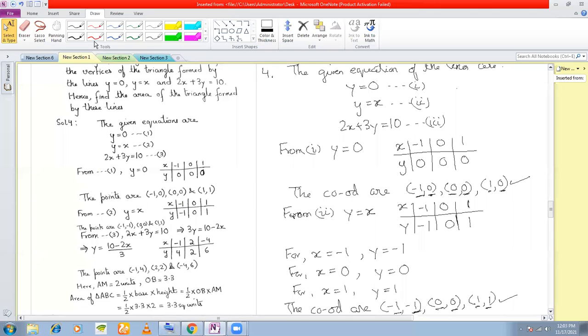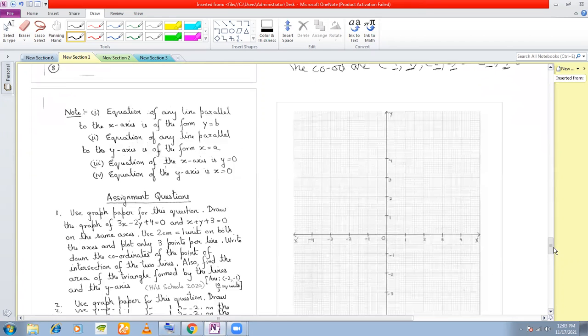The equation is y is equal to 0. This obviously has to be the x-axis, isn't it? This has to be the x-axis. Whether you plot these points or not, that does not matter. Still, let us plot the points. So what are the points here? -1, 0, 0, 0, and 1, 0.